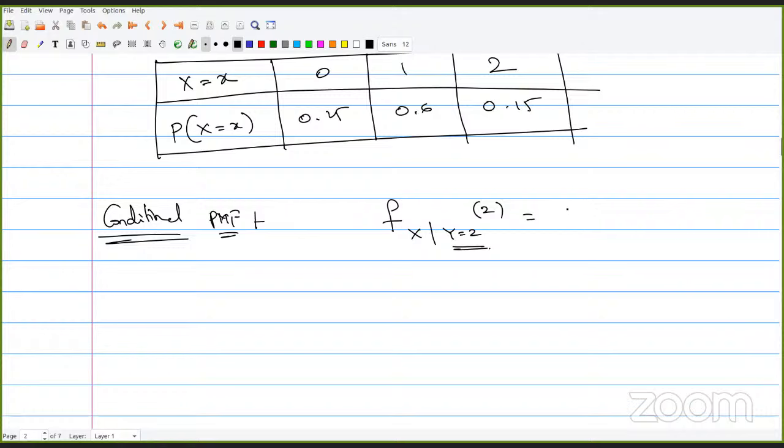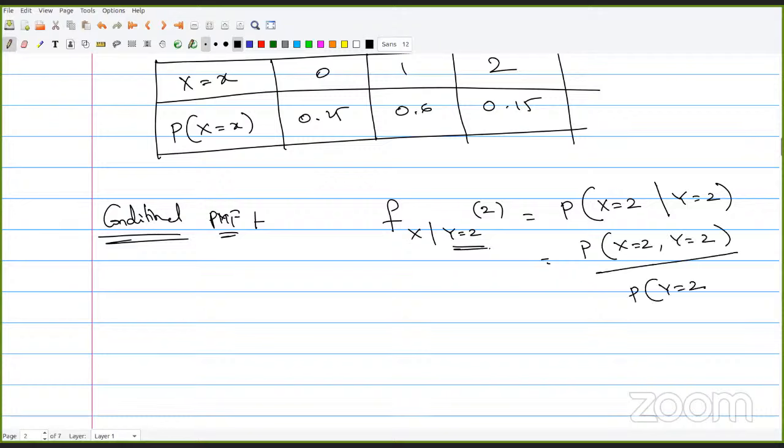So we know the regular formula. This is nothing but the probability that X equals 2 given Y equals 2, and you can simplify this further: the probability that X equals 2 comma Y equals 2 divided by the probability that Y equals 2. So this is the joint PMF Fxy of 2 comma 2, and this is Fy of 2.